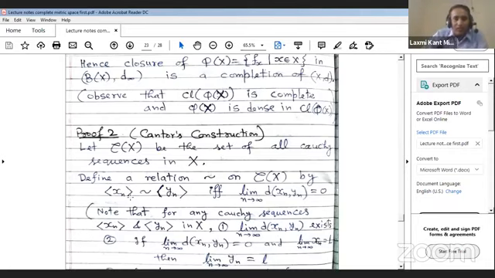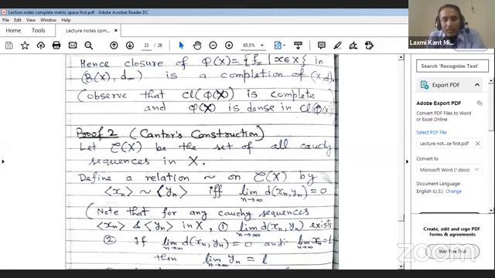For this relation and this distance in X, one may observe the following things. First, the limit of d(xn, yn) as n tends to infinity always exists for any Cauchy sequences xn and yn. You have to prove it.